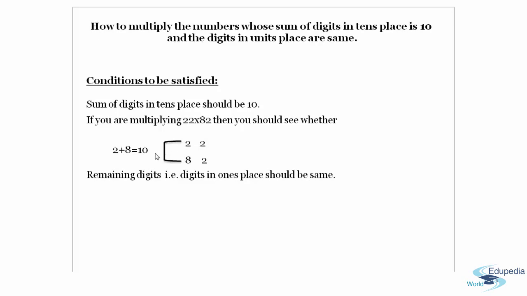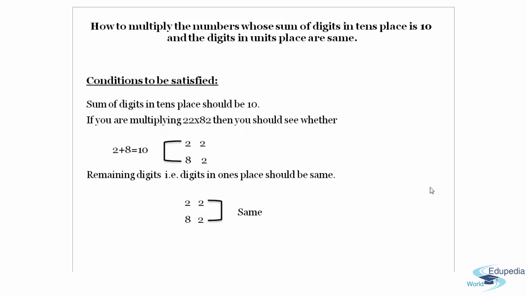So condition number 1 is satisfied. Now coming to condition number 2, the digits in the ones place should be the same. Here in the ones place we have 2, and in the number below we also have 2 in the ones place. So condition number 2 is satisfied. Now there is no problem in applying the technique.